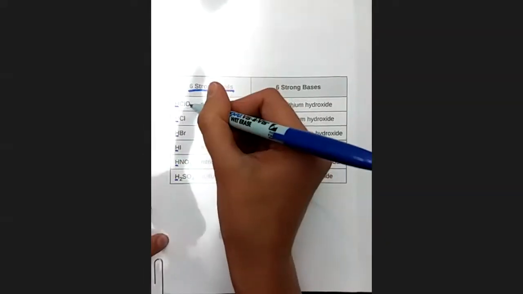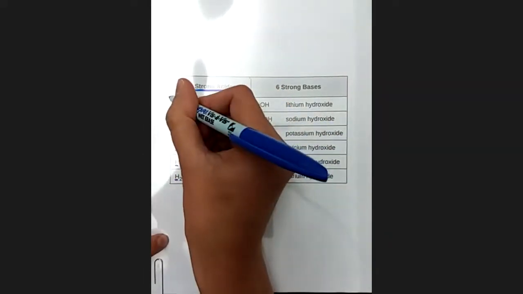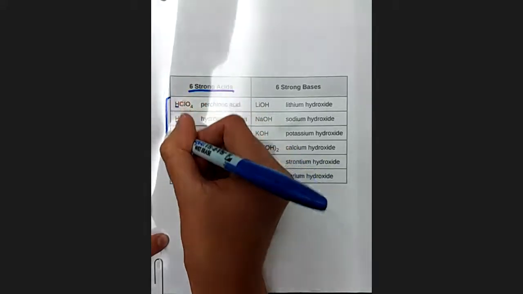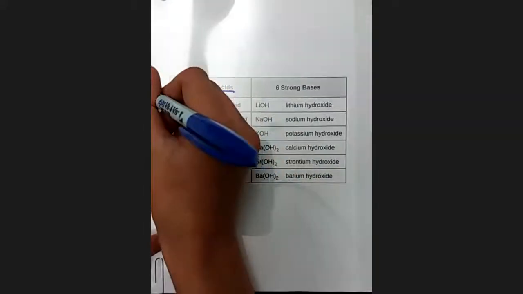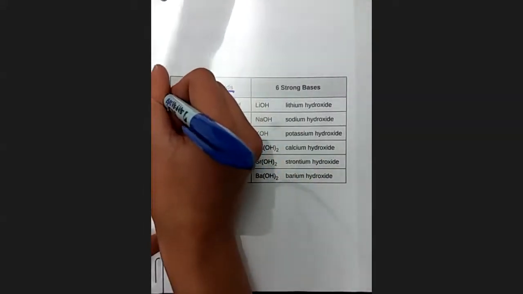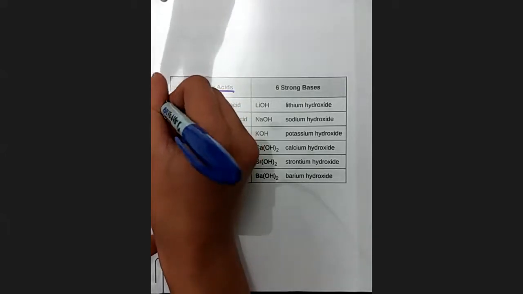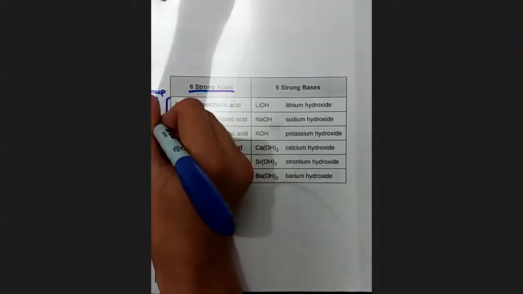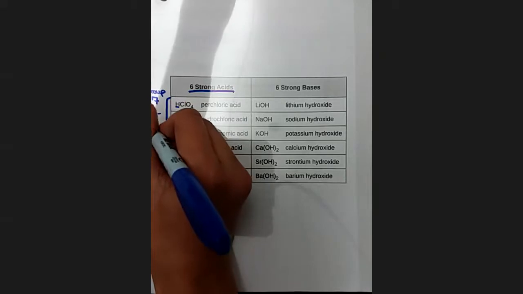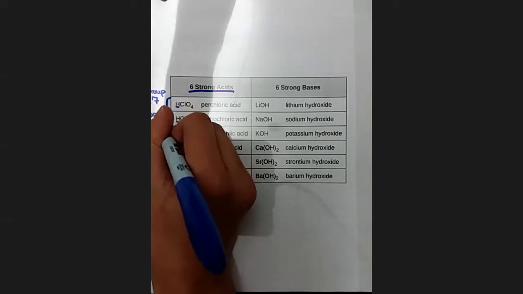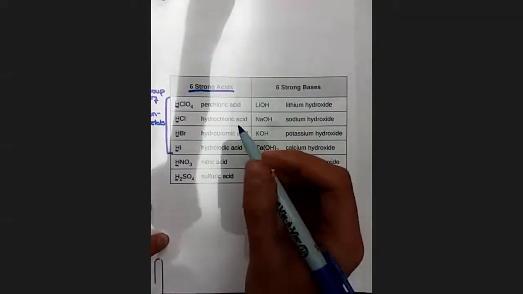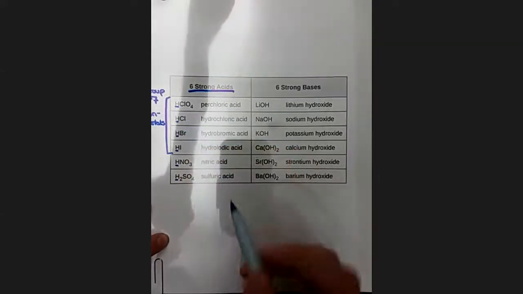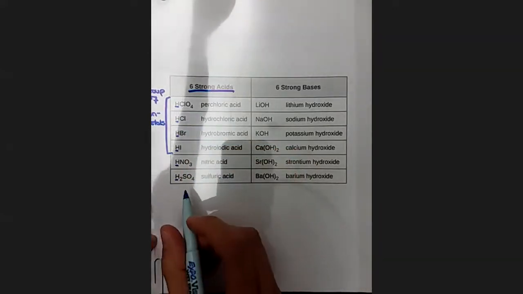We can see we've got chlorine, bromine, and iodine in these. So these contain elements of group 17, which are nonmetals. So many of these strong acids are a hydrogen and a group 17.